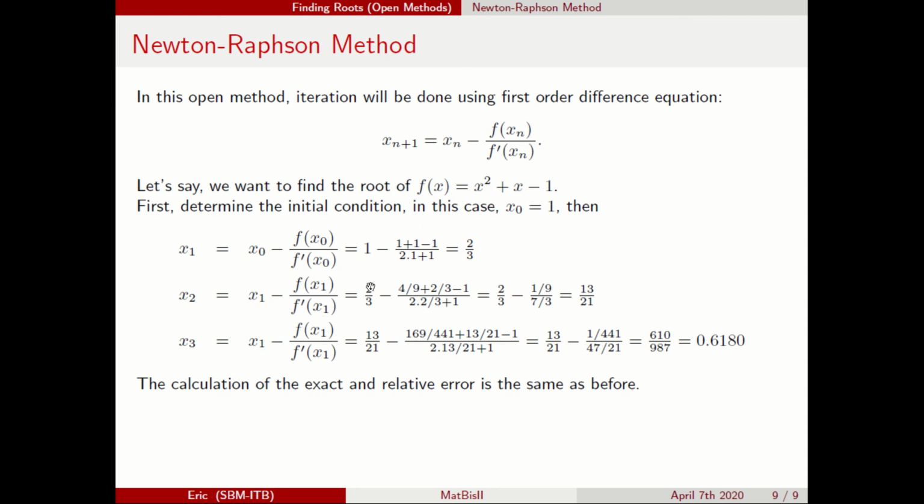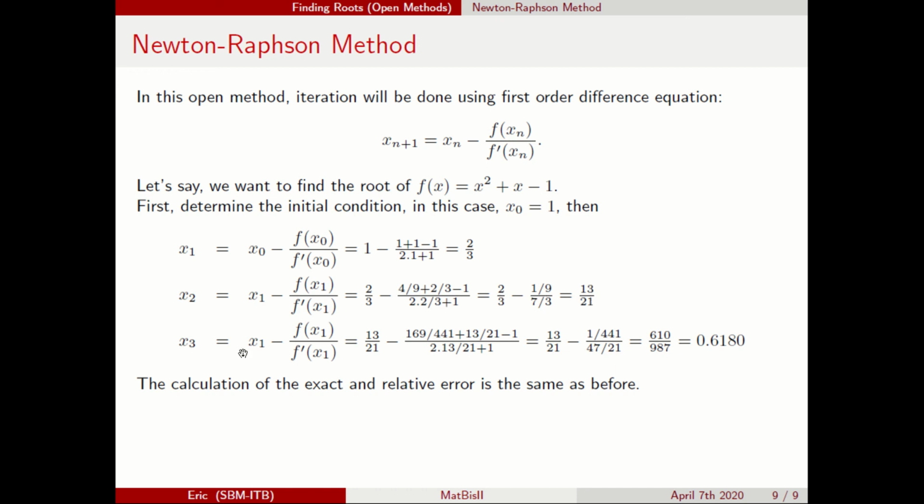So you have x1, 2 over 3, minus f at 2 over 3: 2 over 3 squared, 4 over 9, plus 2 over 3 minus 1, divided by the derivative 2x plus 1, that is 2 times x1, 2 over 3, plus 1. So you have 13 over 21.